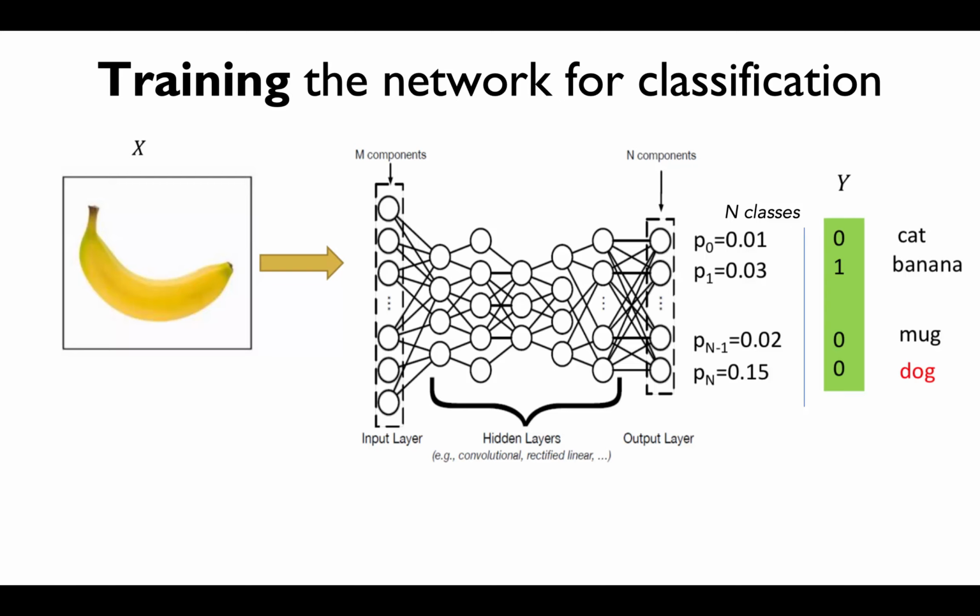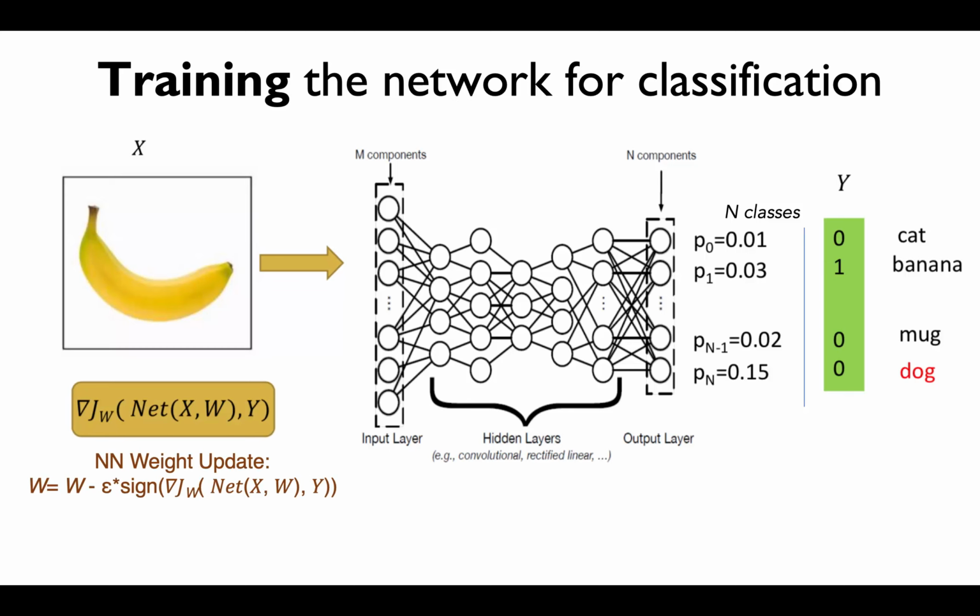It is typical to use cross entropy, and we can represent that as a loss function over the parameters w. In this case, w is the weights of the deep neural network, and it is the weights that we are changing in an attempt to decrease this loss function.